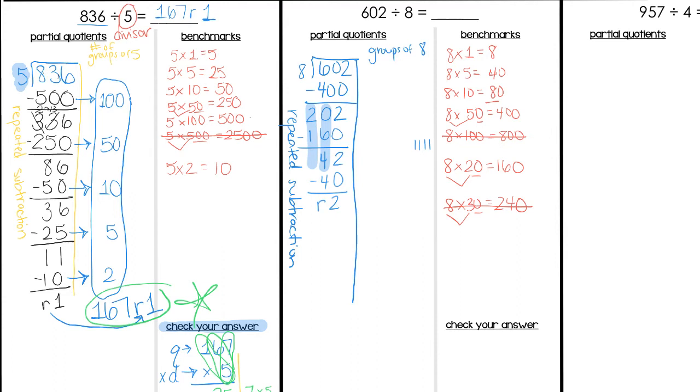Now we're going to see how many groups of 8 are in each of the numbers that we subtracted. Well, in 400, how many groups of 8 were there? There were 50 groups of 8.